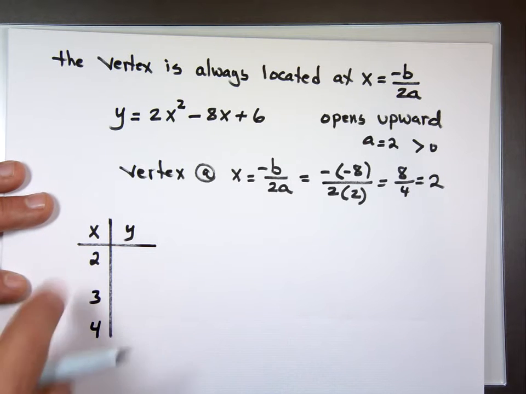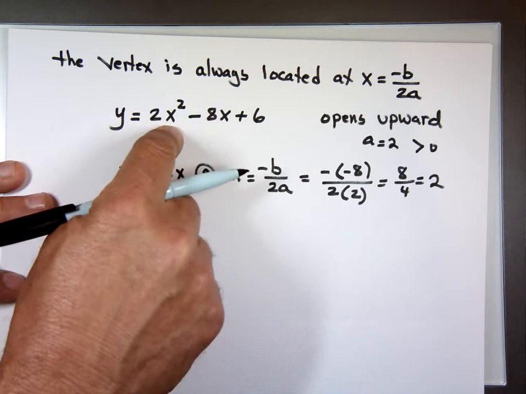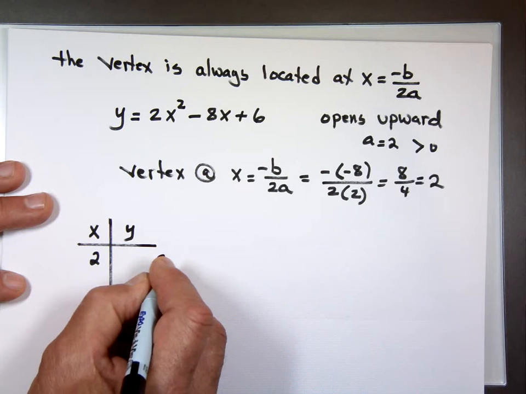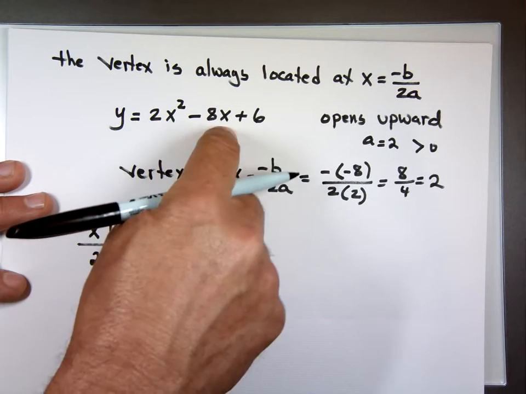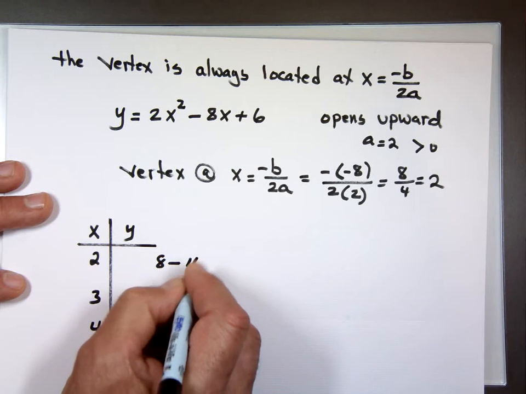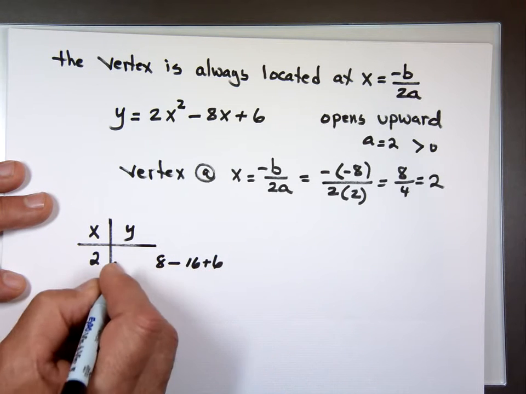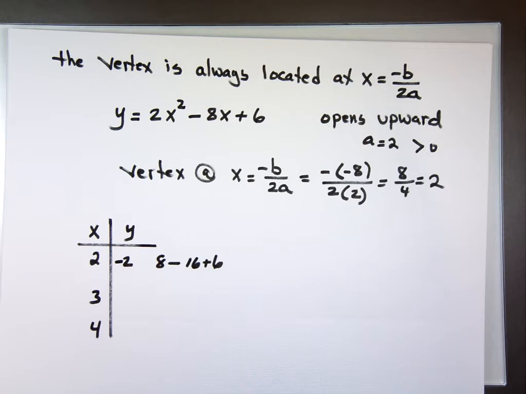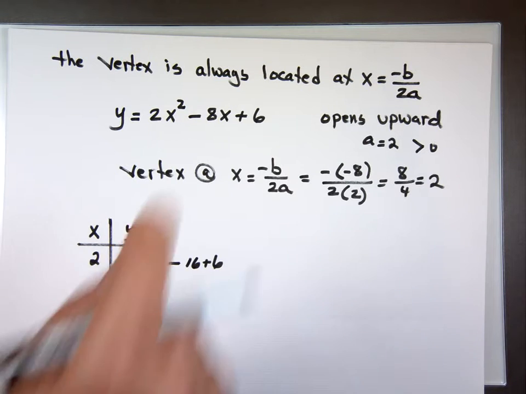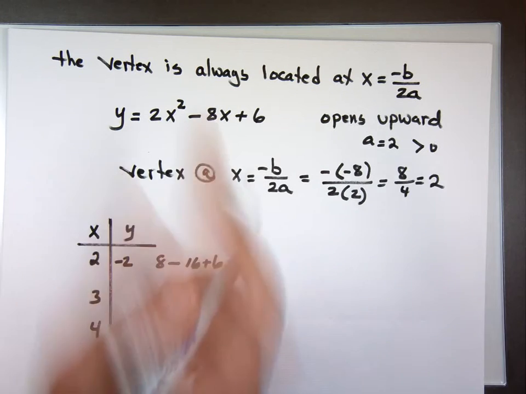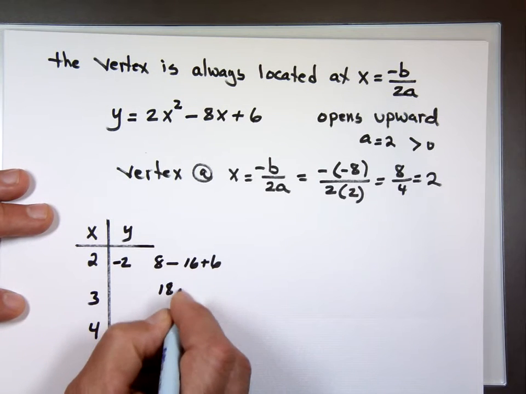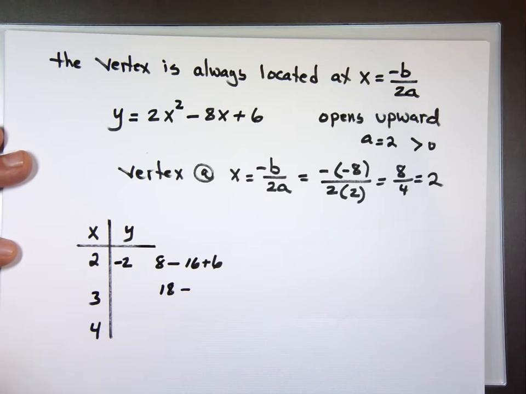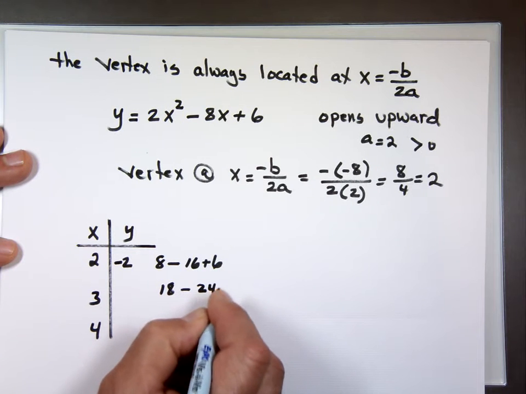When x is 2, what's 2 squared? 4. 4 times 2 is 8, minus, what's 8 times 2? 16, plus 6. Is that a negative 2? When x is 3, that's 9. 9 times 2 is 18, minus 8 times 3, which is 24, plus the 6.